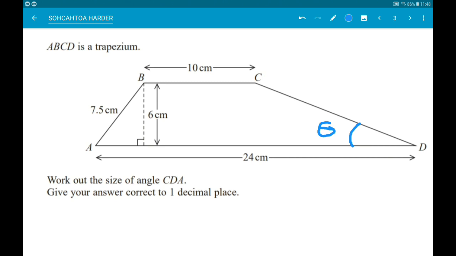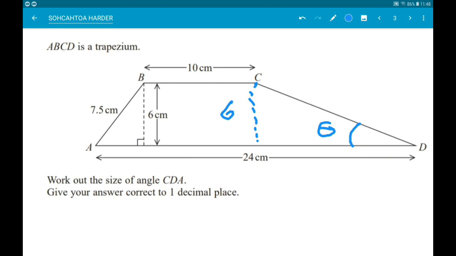Okay, now we know the height of the trapezium, so it's given to us over on the left. It's going to be exactly the same here. So that height is also 6. Now, we're in a right angle triangle where we want an angle and we know one side.